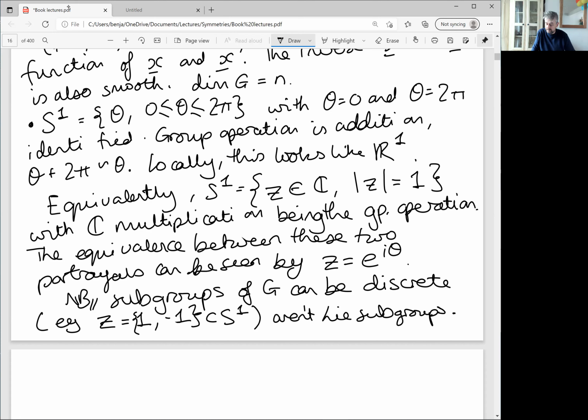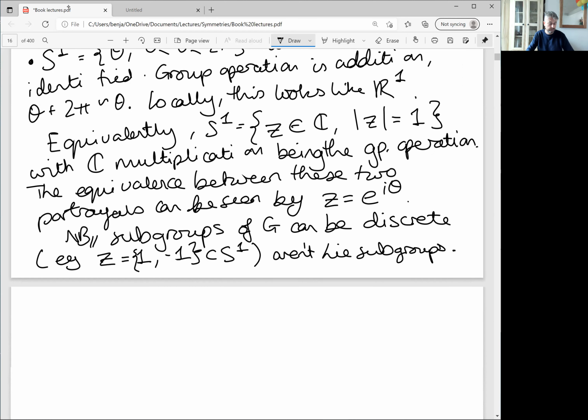So a Lie subgroup is a continuous subgroup and a smooth submanifold of the Lie group.